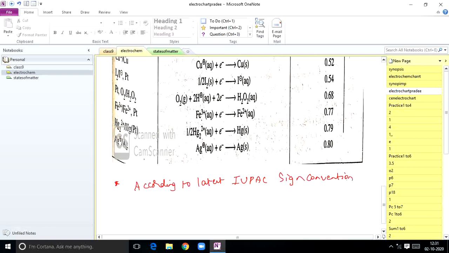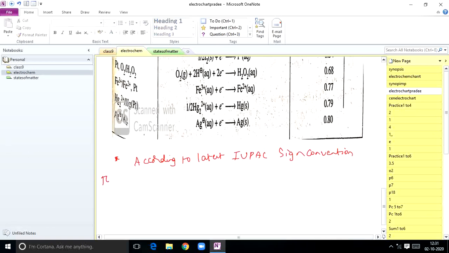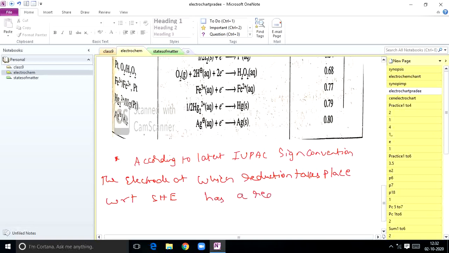The electrode at which reduction takes place, with respect to SHE, the standard hydrogen electrode, according to the latest IUPAC sign notation, has a reduction potential which has a positive sign.